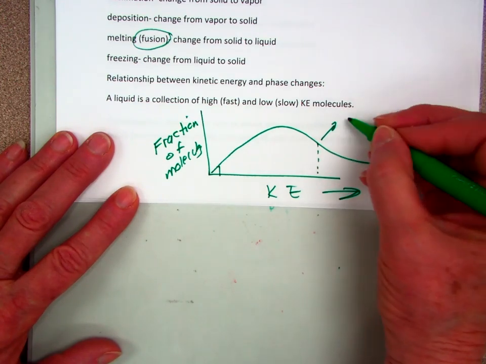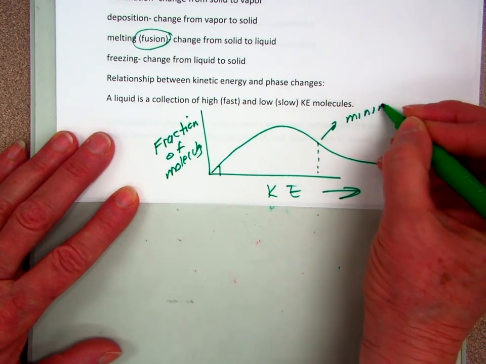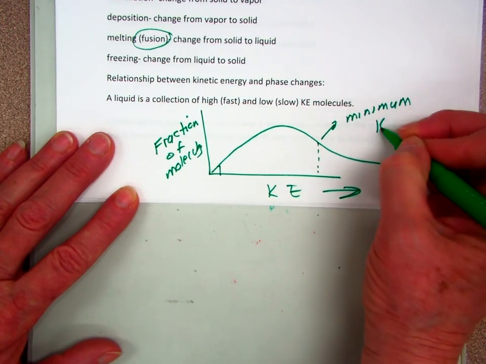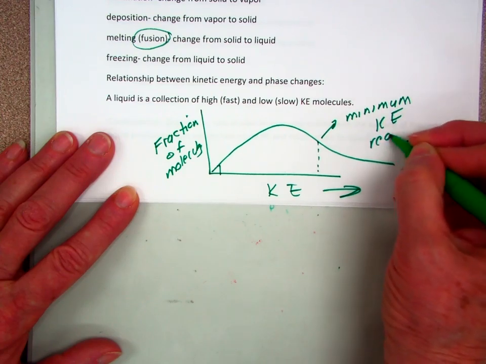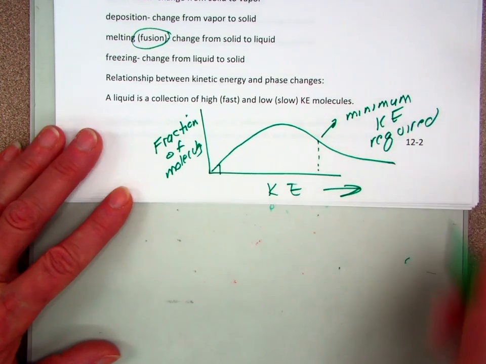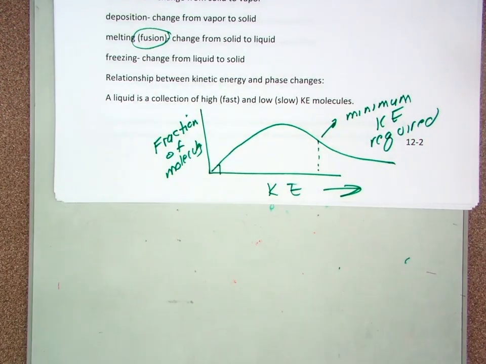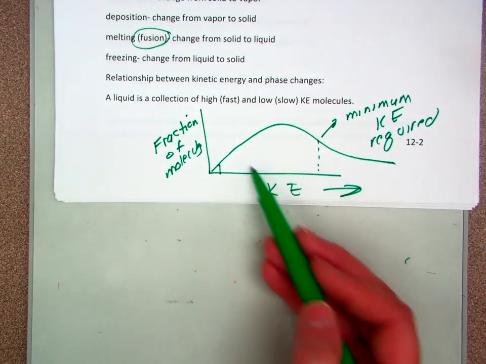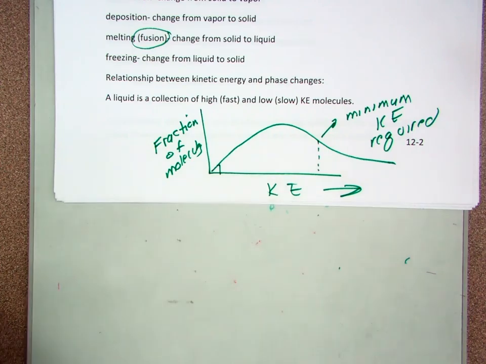But let's say that this is the minimum kinetic energy required to make a phase transition. So only these molecules can actually make the phase transition, because these other guys aren't moving fast enough to be able to break away and break those intermolecular forces.